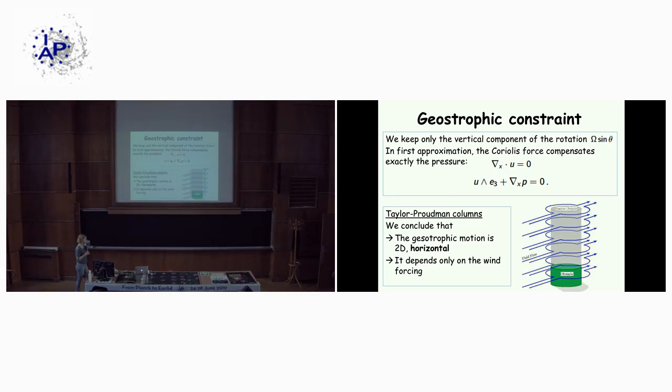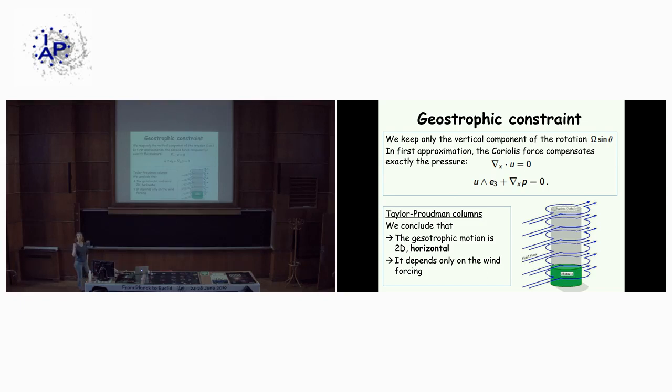Okay, so this tells you that even though you start from a fluid which is 3D, and I forget about the fact that I have this aspect ratio which is very small, so even in another domain, if you have this Coriolis force which is really important, then what you see, and there are many experiments maybe that you know, for instance, on the Coriolis platform in Grenoble, is this kind of thing.